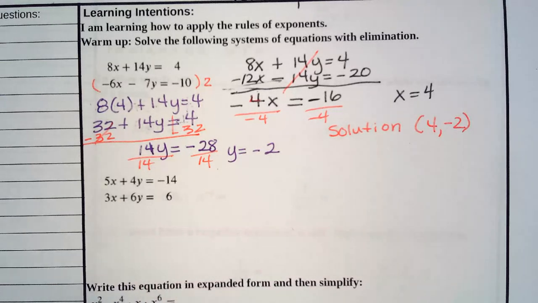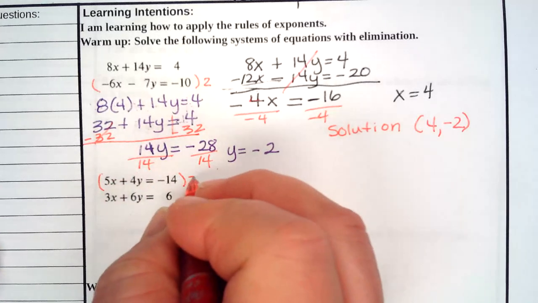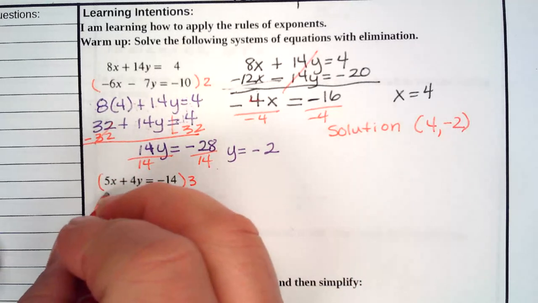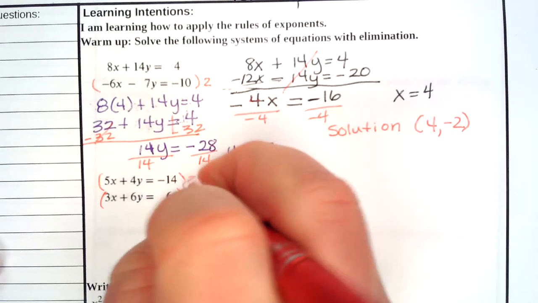So let's multiply the top one by 3 and then the bottom one, well, let's make it a -3 because I've got to create opposites too.